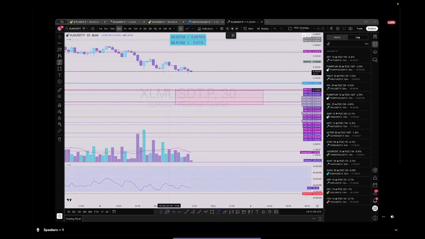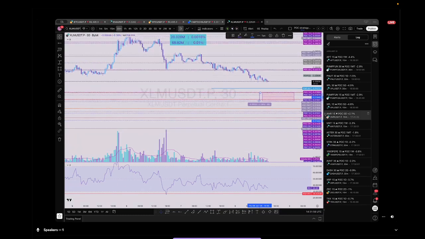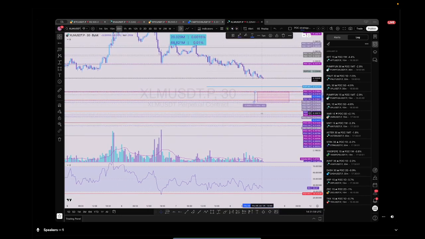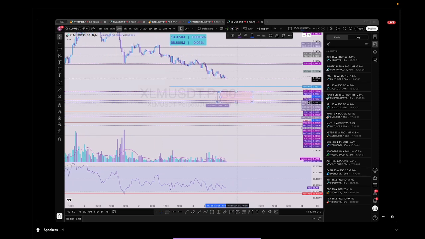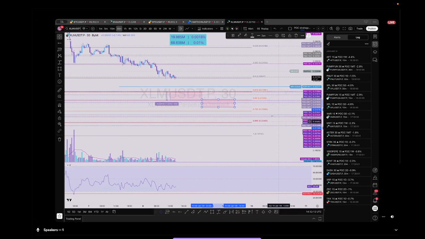Let's see how much is this. XLM. I would look at these three areas for XLM.